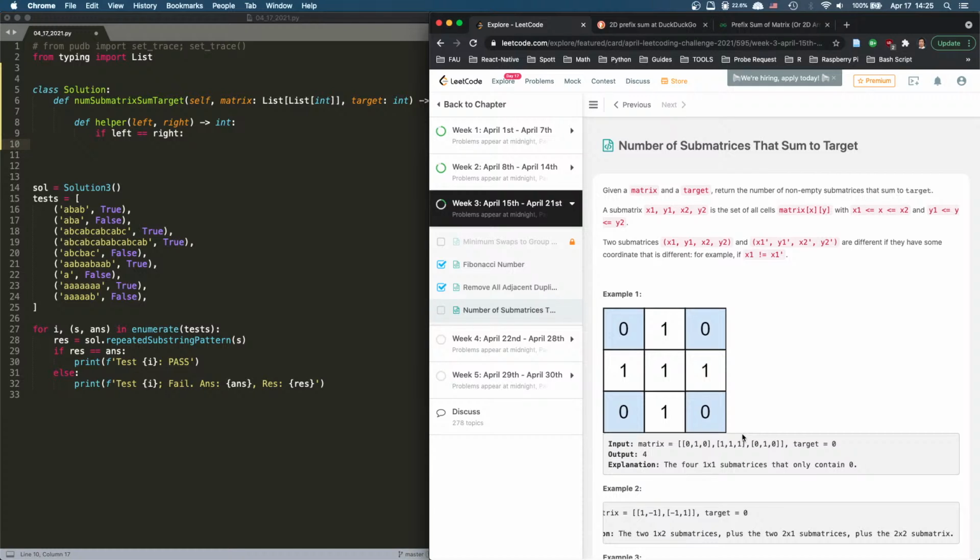Okay, that means if we have a submatrix, we can define a submatrix by the starting point and end point, right? The starting point will always be on here, the end point can be on here, right?